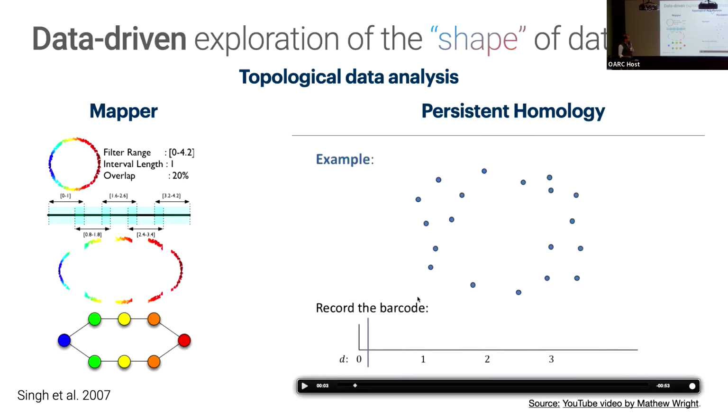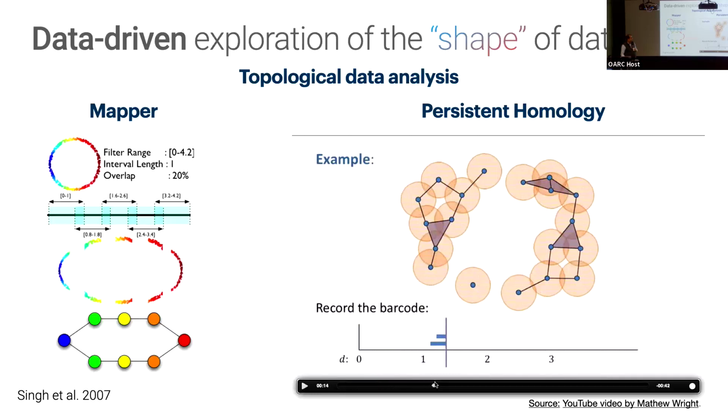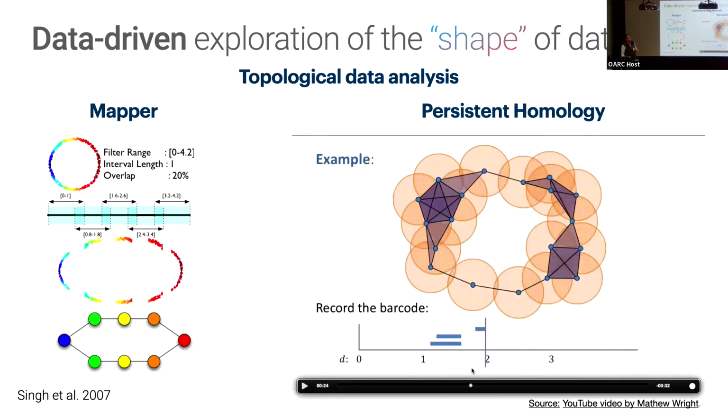There is a variable called epsilon, which is the radius around this dot. As you keep expanding that dot, hopefully you can see the animations, the minute it intersects with another radius, another circle, you create an edge between those two points. And you keep doing it until the radius is too big and everything is connected to everything.